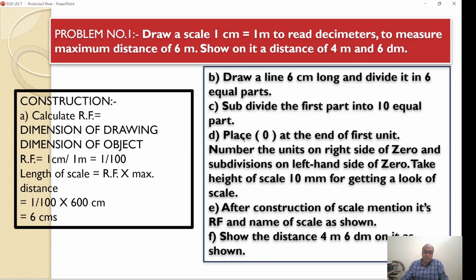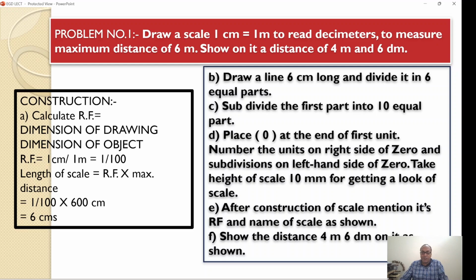Now next, we have to draw a horizontal line of 6 centimeter length, and divide this line into 6 equal parts. After dividing the line into 6 equal parts, we subdivide the first part into a further 10 equal parts.